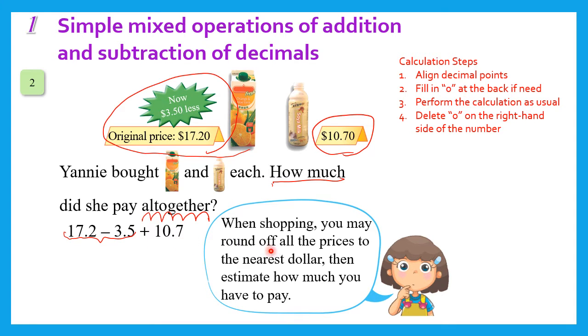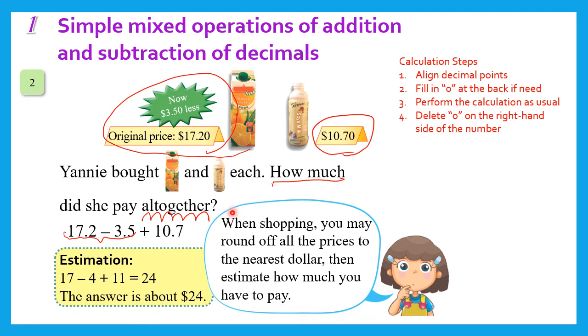When you are shopping, you can also round all the prices to the nearest dollar so that you can estimate how much you have to pay. For example, this one. First of all, you can see that 2 is smaller than 5, so if you round this number, it will become 17. The second one, you see that after the decimal point is 5.